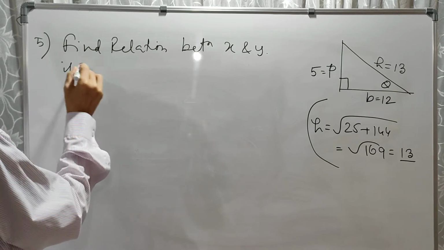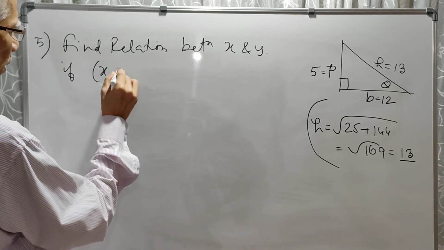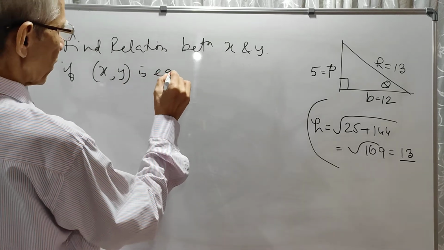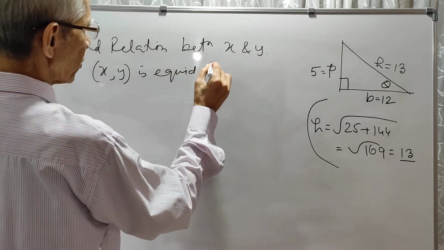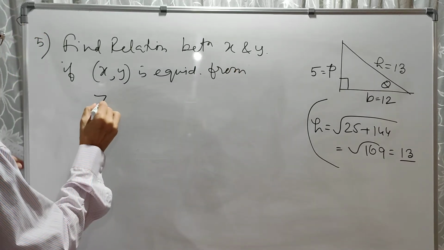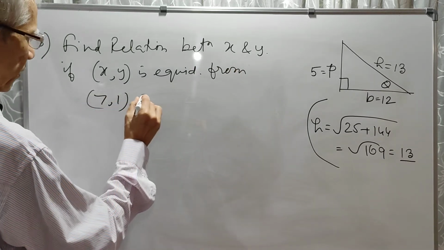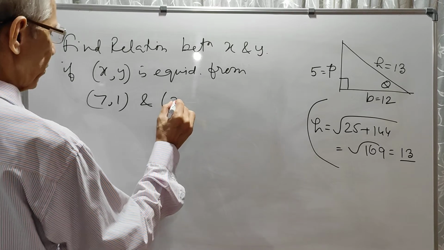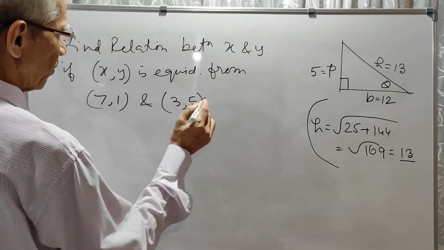If this point x, y is equidistant from, this is from coordinate geometry, equidistant from 7, 1 and 3, 5.